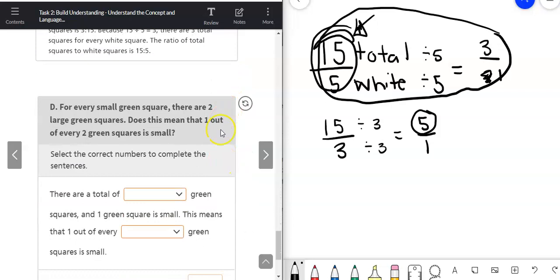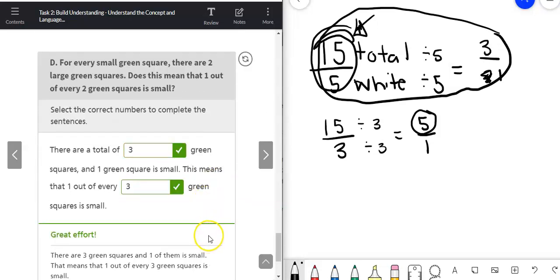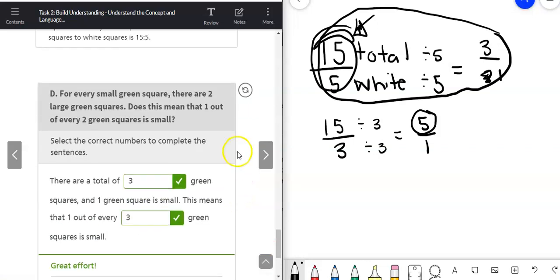There's a total of 3 green squares. And 1 green square is small. This means 1 out of every 3 green squares is small because there are 3 total. What they did here, they said 1 out of 2. It's 1 out of 3 because there's 3 total squares.